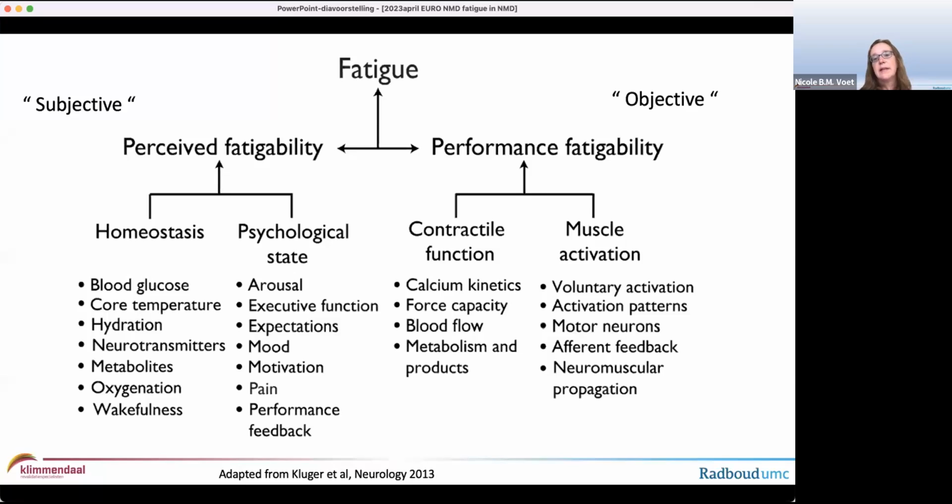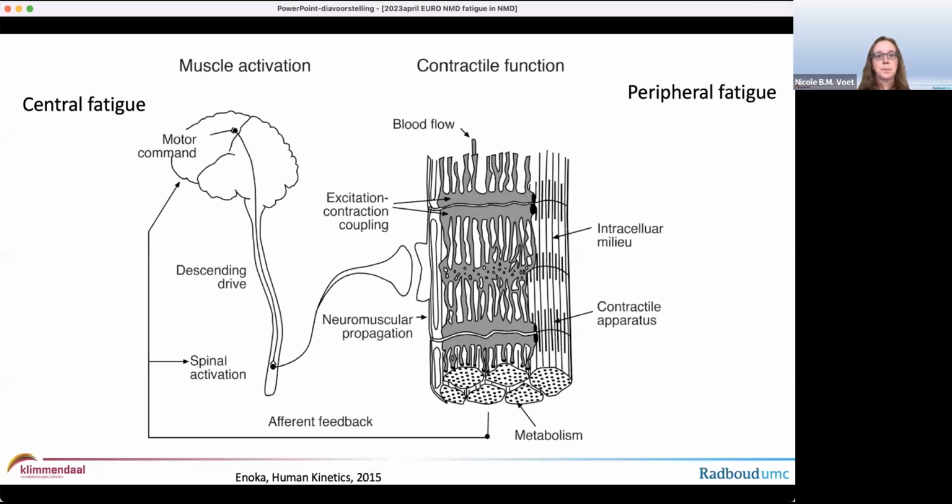So the primary fatigue in NMD is especially in the second part. Also good to know is that they are not related to each other. So there's no one-to-one relationship between perceived fatigability and performance fatigability. Then, taking a look at the performance fatigability, that can be divided into central fatigue and peripheral fatigue.